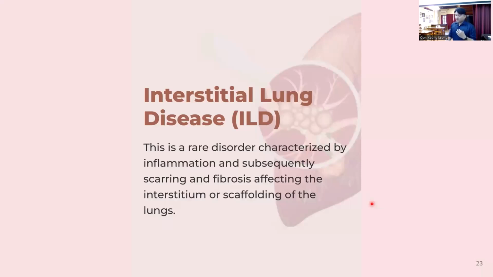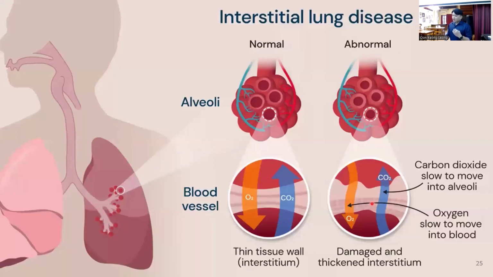The next thing I'll be talking about is interstitial lung diseases. It's a rare disorder characterized by inflammation, and subsequently your lungs will be scarred, affecting the interstitium and scaffolding of the lungs. In normal lungs, the interstitium is thin, so oxygen and carbon dioxide can get gas exchange.